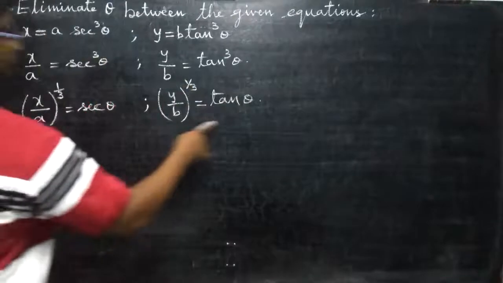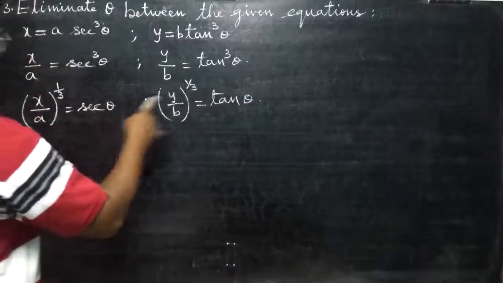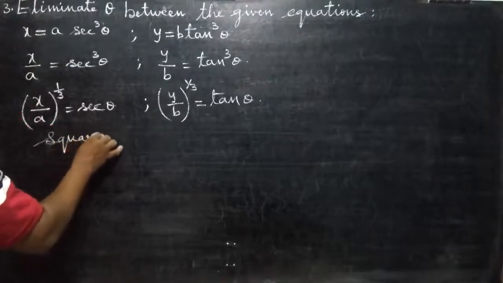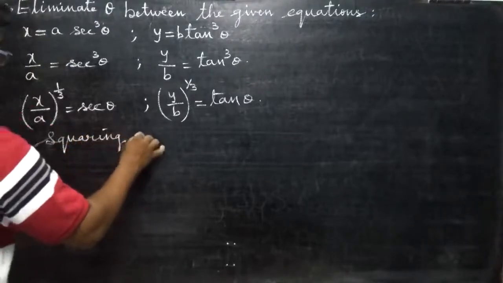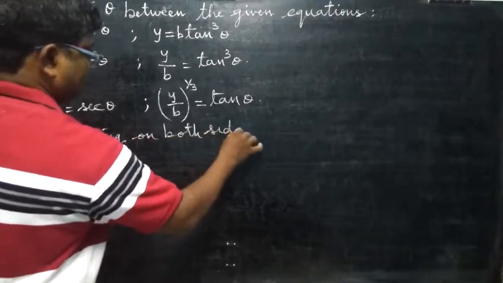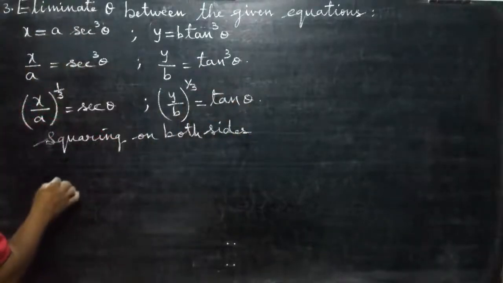We know the identity: sec square theta minus tan square theta. So square should come, meaning squaring on both sides.